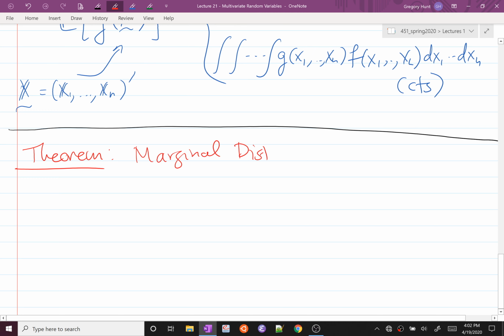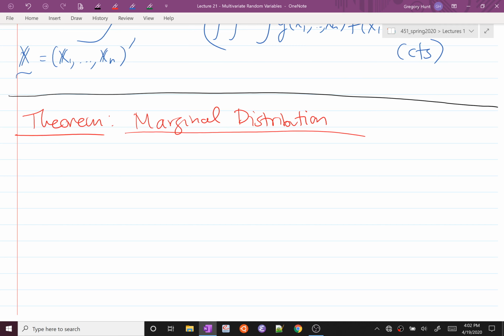Marginal distributions. In the bivariate case, if we had the joint of x and y and we wanted the marginal of x, we'd integrate out y. In this case, now we have n different random variables, and we can get the marginal of any of them.